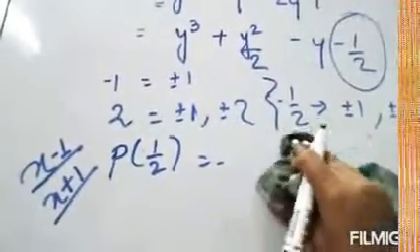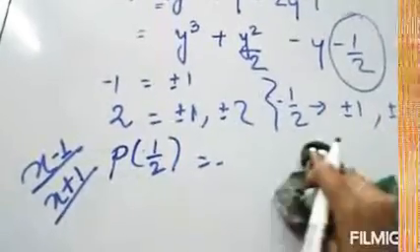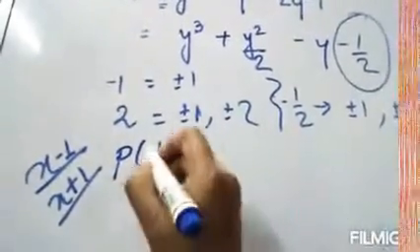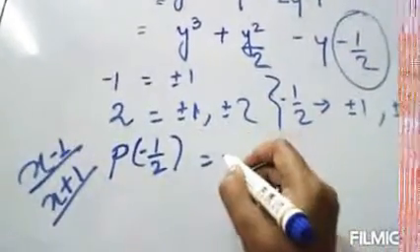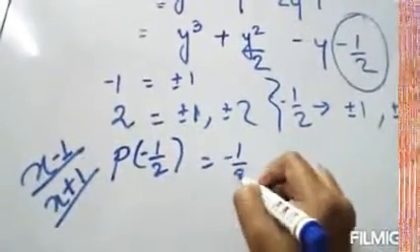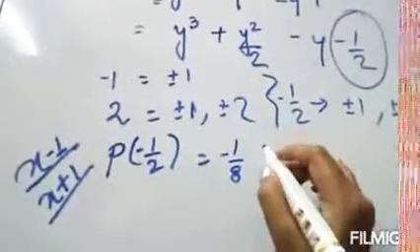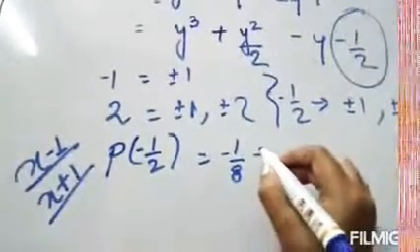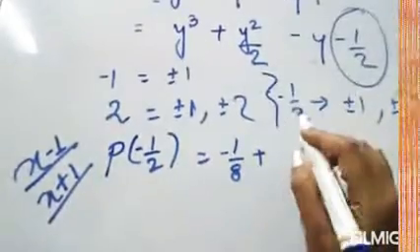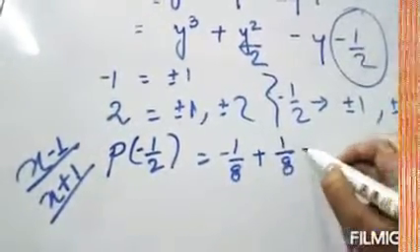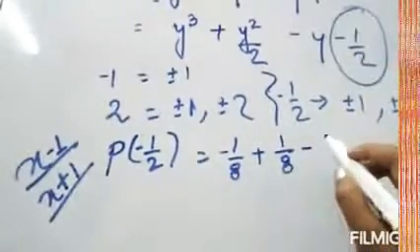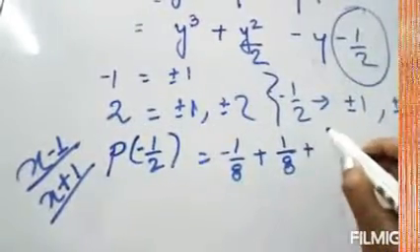Now let's check with minus half. Minus half 3 times means it will become minus 1 by 8. 2 times means it will be plus, and it will be 1 by 8. Here it will be minus. So minus into minus is plus.